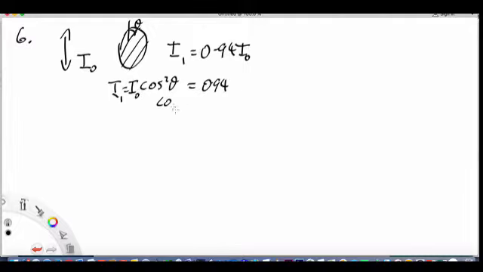So cos theta equals 0.9695. We get theta is 14 degrees. So now we have light polarized at an angle of 14 degrees from the vertical.